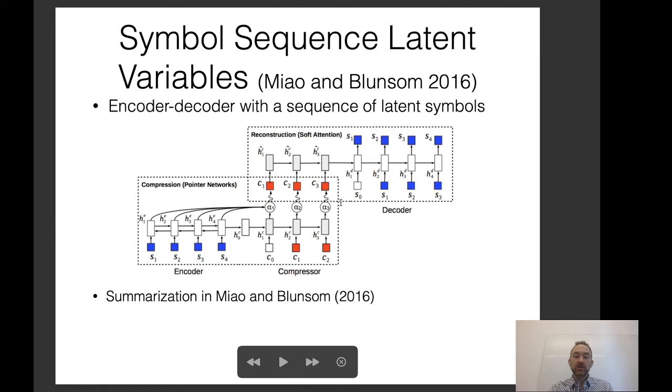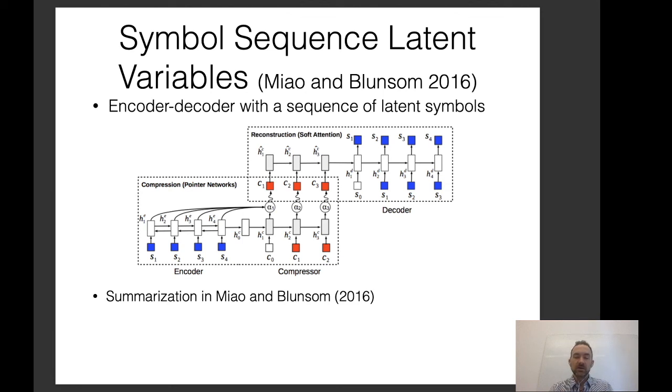In addition, they also have a prior over the latent variables. Remember, this is a VAE, so you can add a prior anywhere of any variety you like. They use a pre-trained language model to try to force the latent sequence to be similar to text that you would expect to see in the wild.